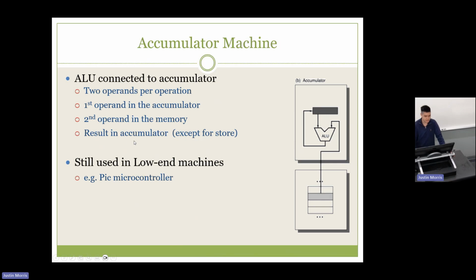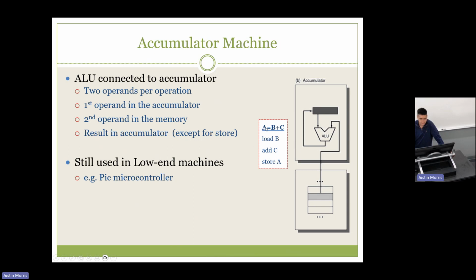And the result is going to be stored into the accumulator register, unless it's going to be stored in memory. And this architecture is still used in very low-end machines, so like a microcontroller.